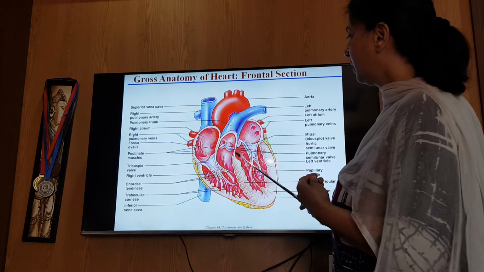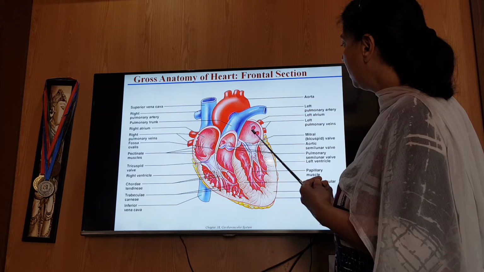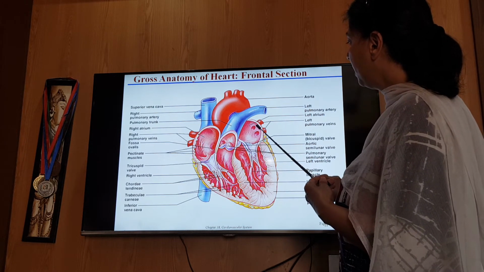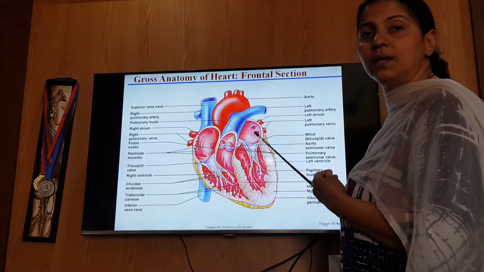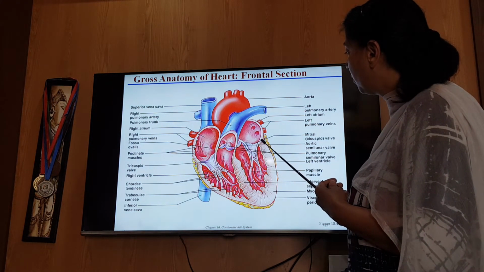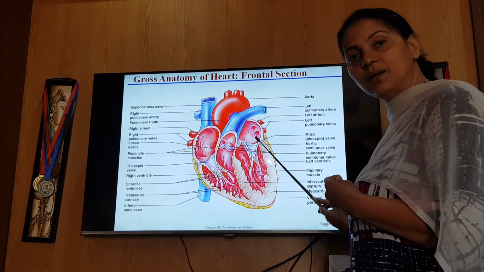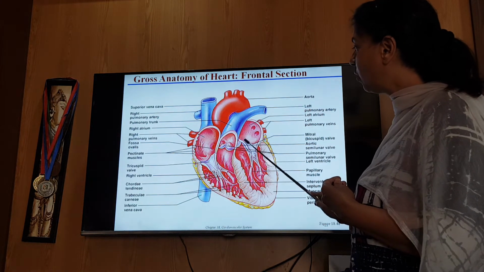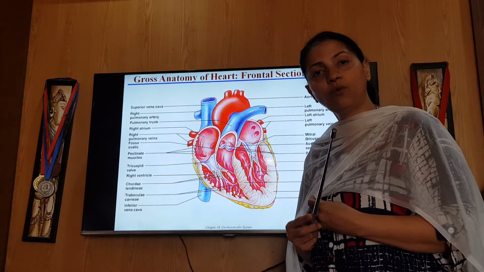Now, here you can see one thing that I want to show you. First of all, this is the atria, okay? This is the left side, the left atria, which has this opening of the pulmonary veins, and this is the valve on the left side. The valve between left atria and left ventricle is called bicuspid valve or mitral valve.